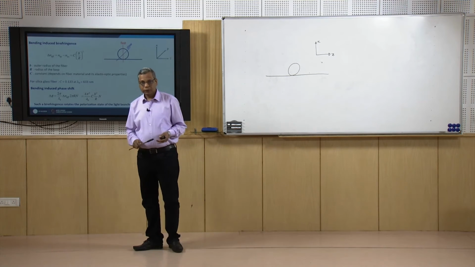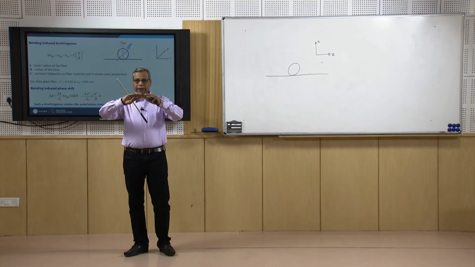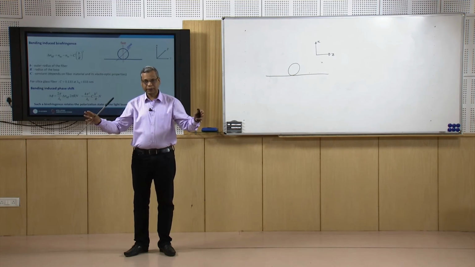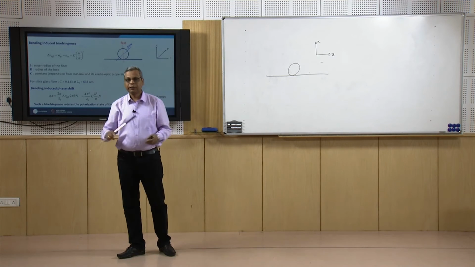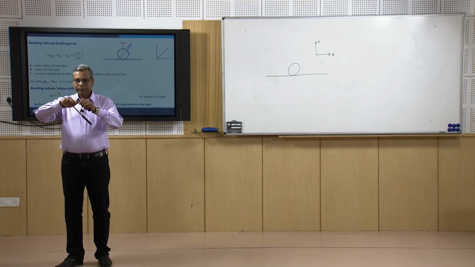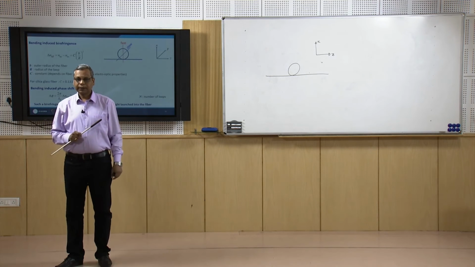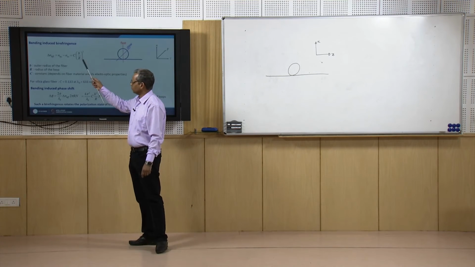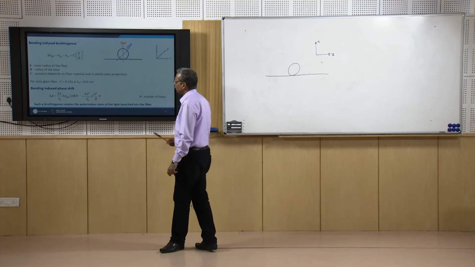Then, if the radius of the loop is large, so the bending is very soft, not very strong bending, then birefringence would be smaller, and if you give it a very tight bend, that is, the radius of curvature is very small, then the birefringence introduced would be large.